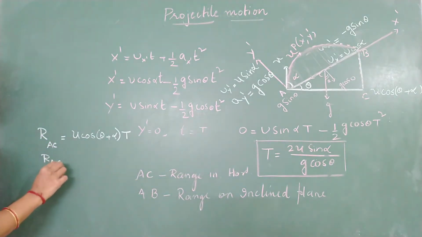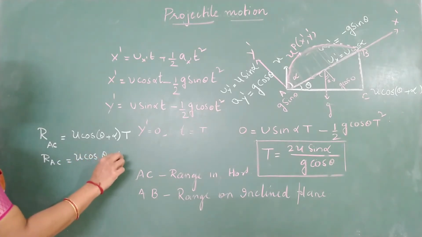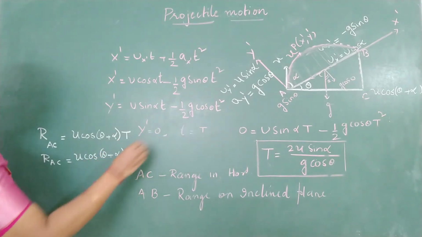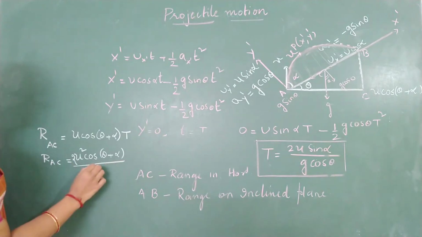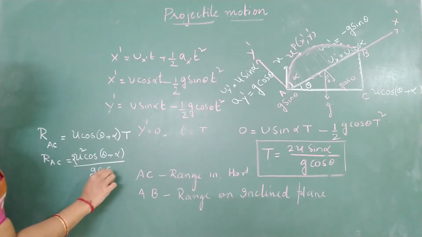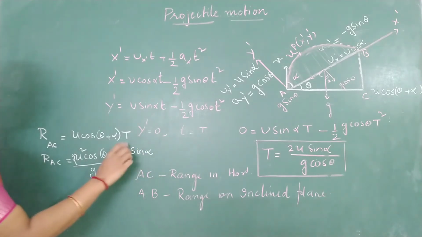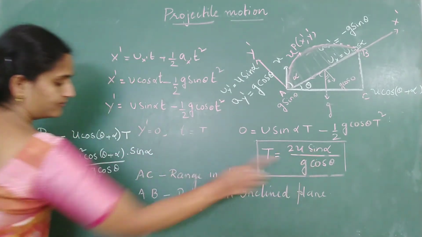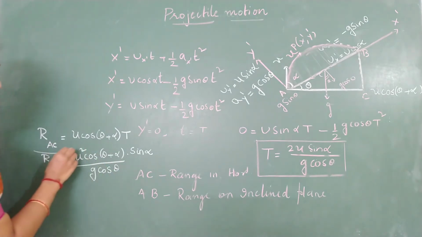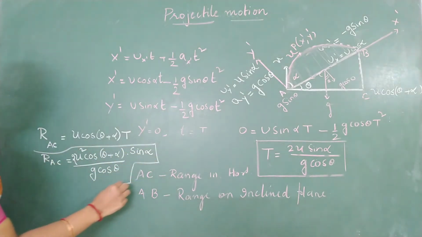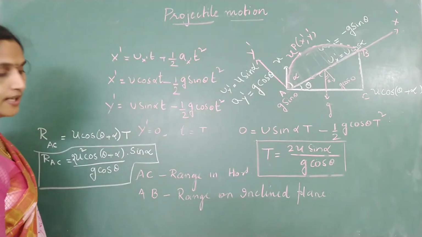We get the range along AC as u cos(theta plus alpha) into time of flight, 2u sine alpha by g cos theta, which gives 2u square cos(theta plus alpha) sine alpha divided by g cos theta. So this formula gives me the range of the oblique projectile projected up an inclined plane.